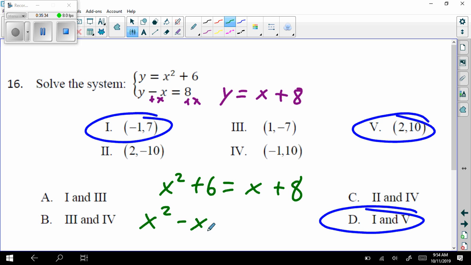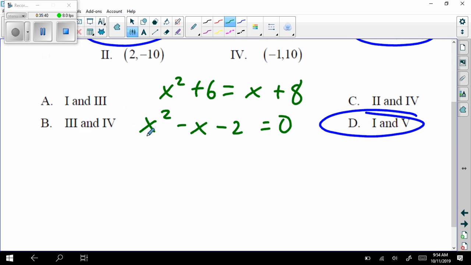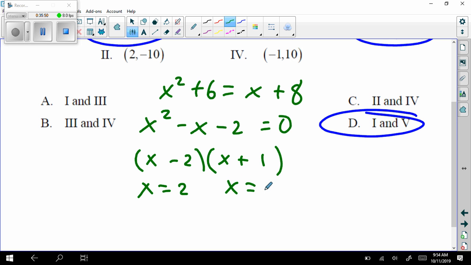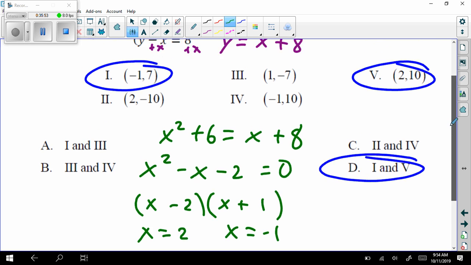So it'll be x squared minus x minus the 8 over, you get minus 2. This is factorable, like we said, x minus 2, x plus 1, so you get x equals 2, x equals negative 1. That fits with what we had up here, x equaled negative 1 and x equaled 2.